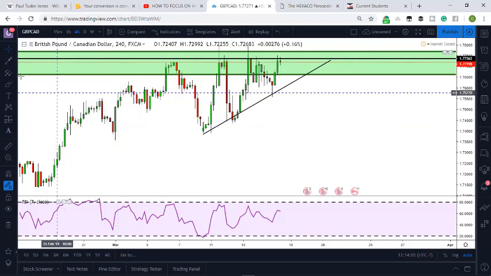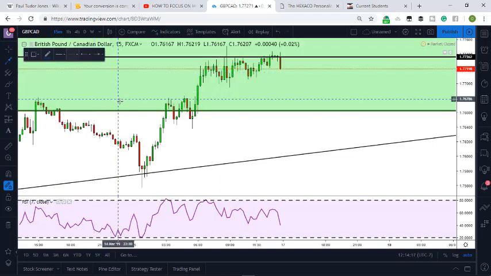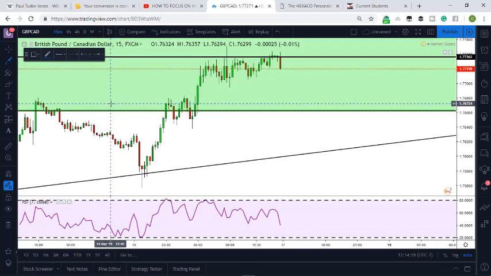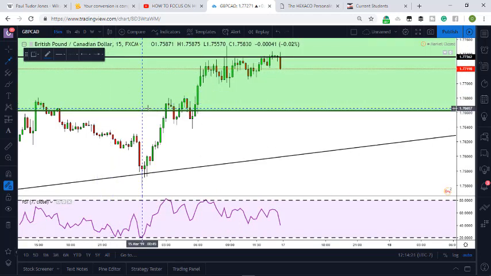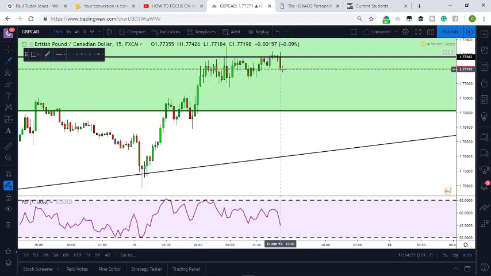But the first thing you could do is go down to the 15 minutes. What I was trying to tell you on the 15 minutes is that you could be looking to have a counter trend trade on the downside. Meaning, as you can see, we already have sellers pushing in the market.